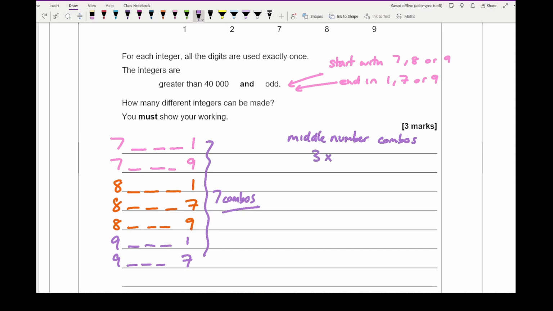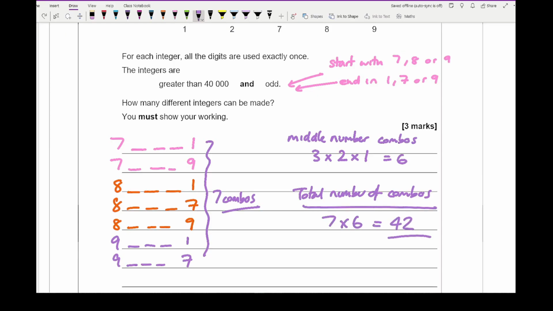The second number, we've got a choice of 2, and the last middle number, we've only got a choice of 1. So 3 times 2 times 1 equals 6. So the total number of combos is simply 7 times 6, which is 42.